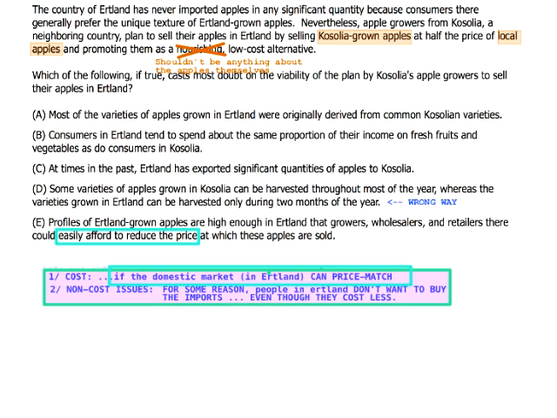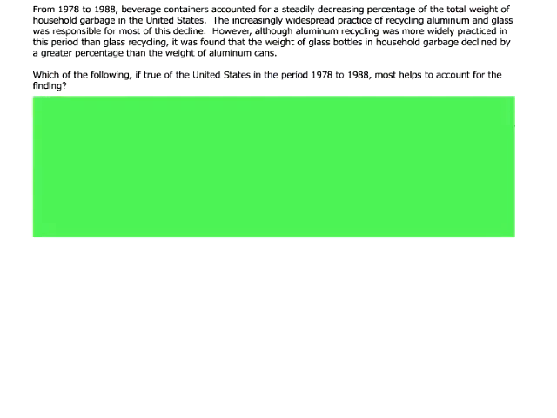This time I'm just going to show you the whole problem, but not the choices yet. Okay. There you go.